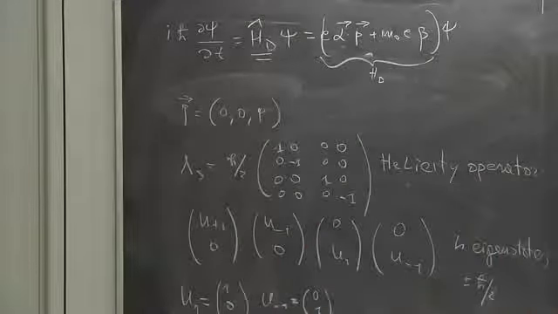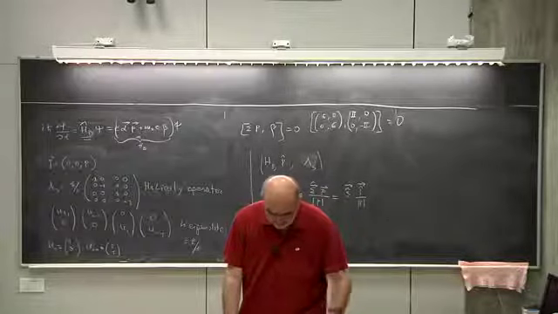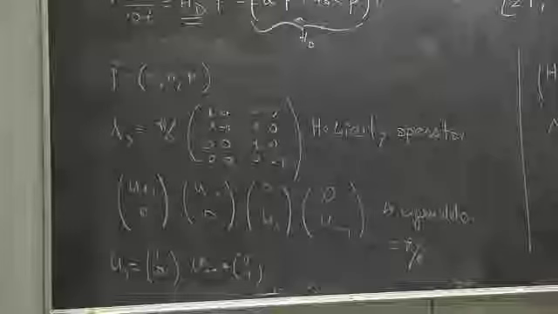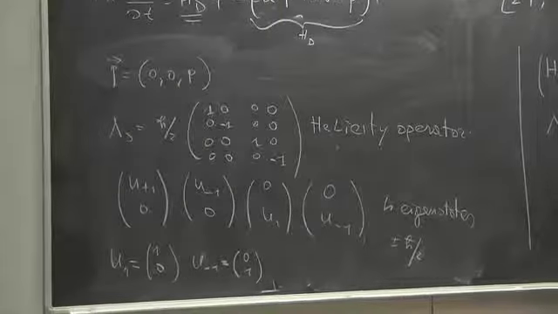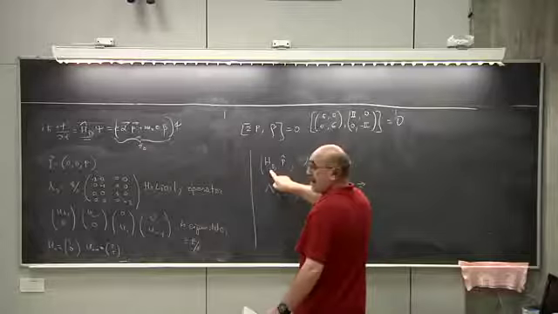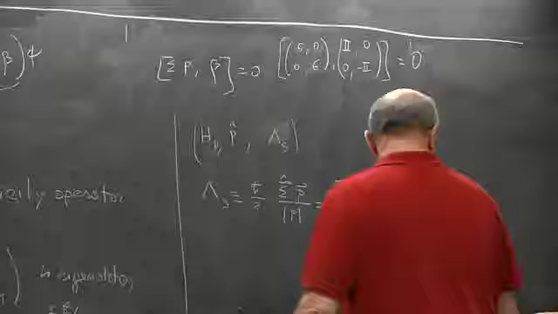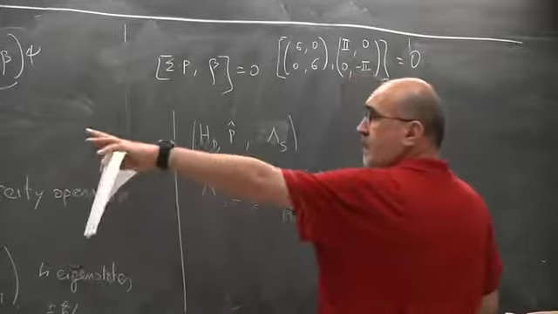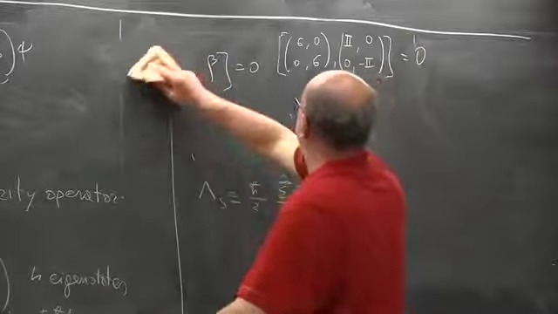Now, for this kind of solution, let's write down the full wave function as we wrote before. So we can label the wave function with E, P, and helicity. And let's now choose solutions that move along the Z direction.